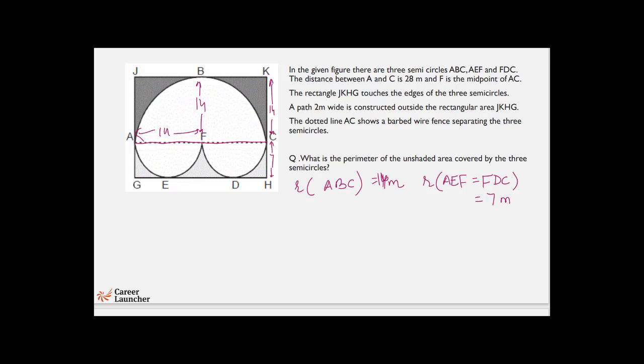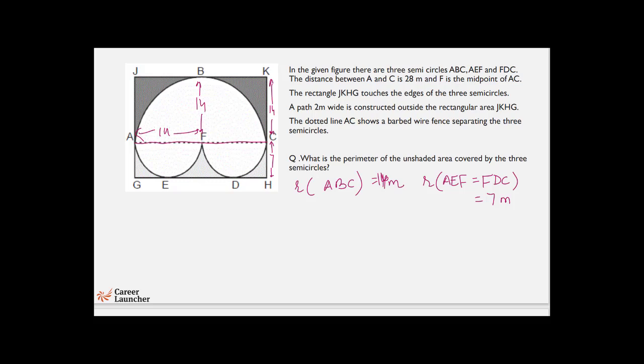The rectangle JKHG touches the edges of the 3 semicircles. A path 2 meter wide is constructed outside the rectangular area JKHG. The dotted line AC shows a barbed wire fence separating the 3 semicircles.